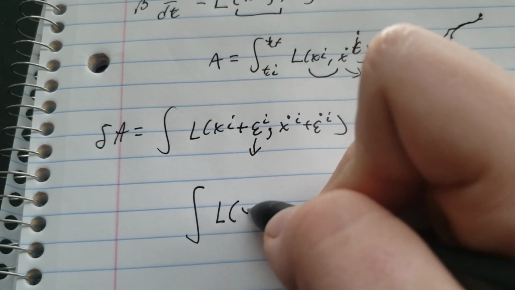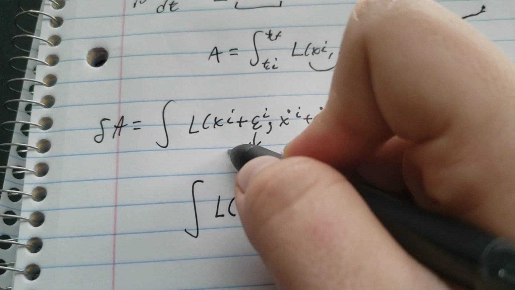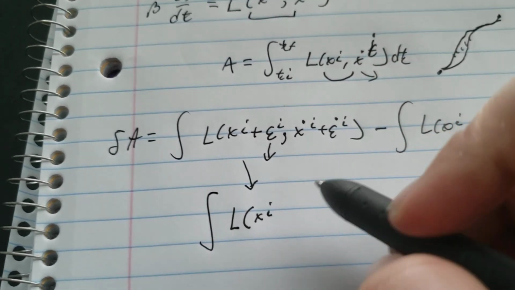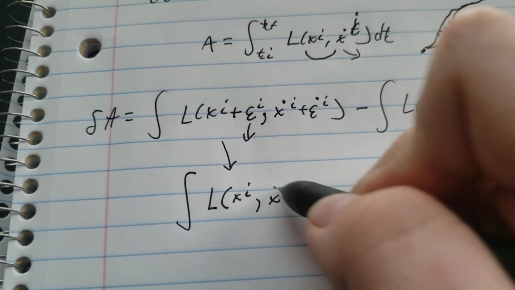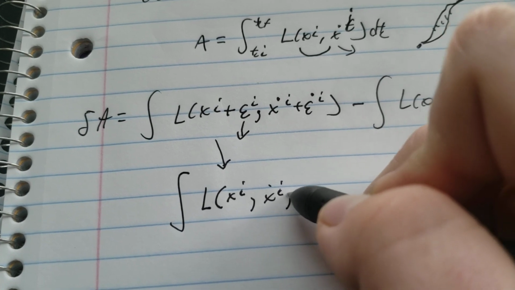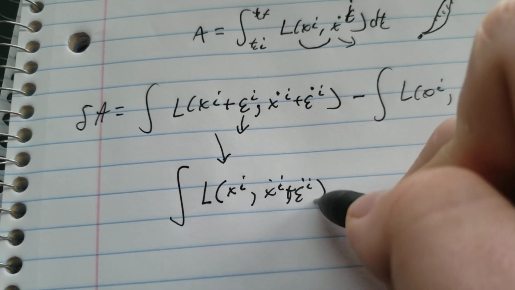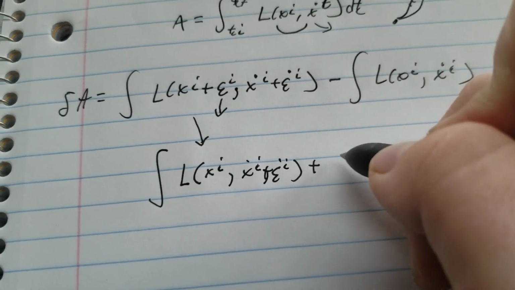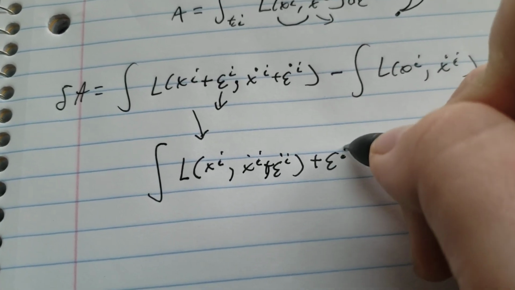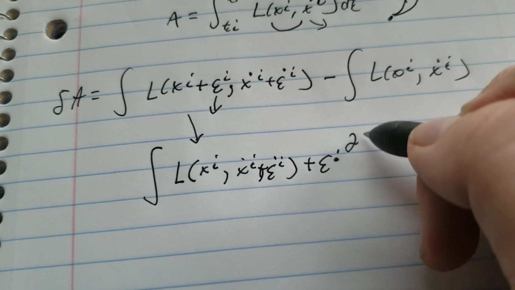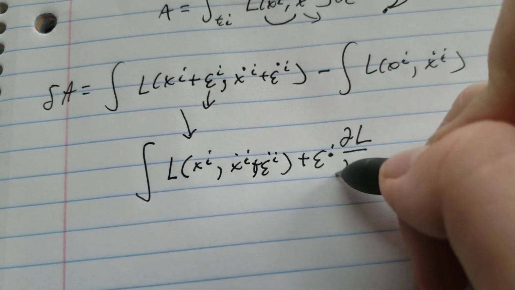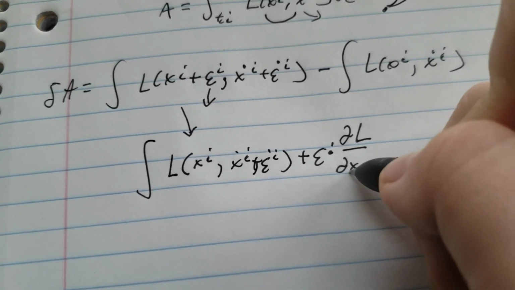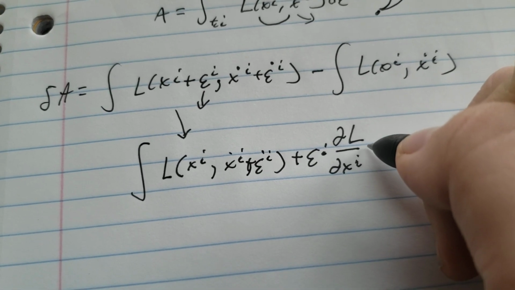We can consider up to first order, at least with the x_i part, x_i plus epsilon_i, plus the first order correction, epsilon_i times the partial derivative of L with respect to x_i.